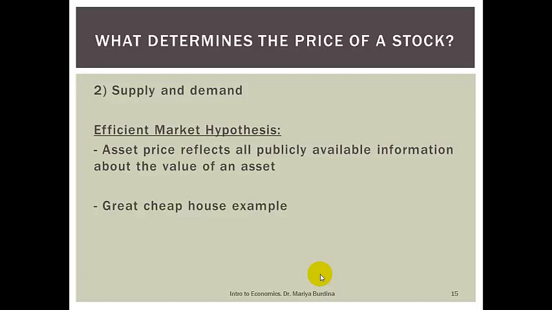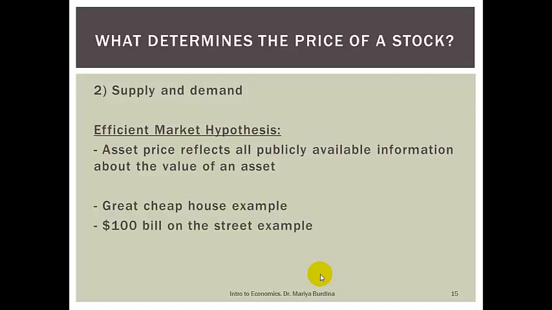Why is he trying to sell that house to me? Why is he not motivated by making a profit himself? The reason may be he's not revealing all of the information. What the efficient market hypothesis is telling us is that the price of an asset, the price of a stock, is going to tell us everything about that particular stock. So there is no hidden information involved.